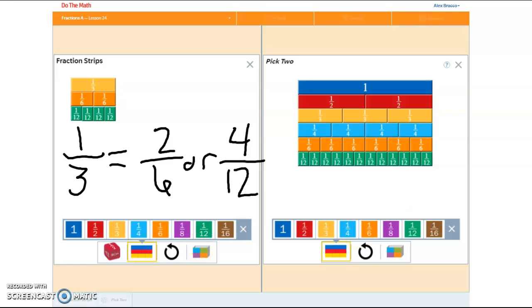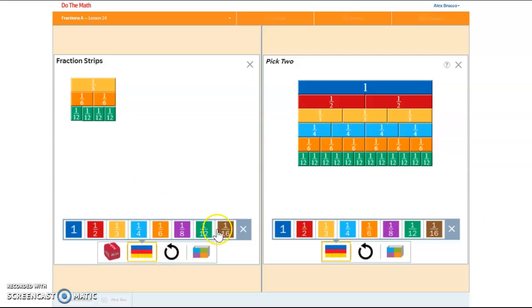Okay, let's look at 1/2. We are going to now pull up 1/2. Now 1/2 has quite a few. You can work with how many fourths? This one we should know by heart. 2/4. We could do 3/6.